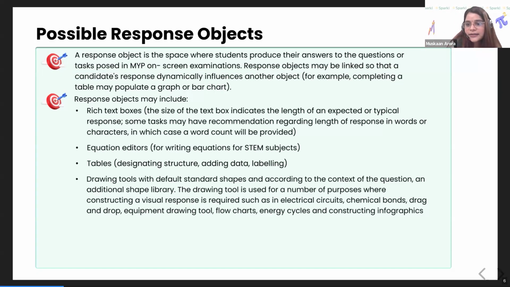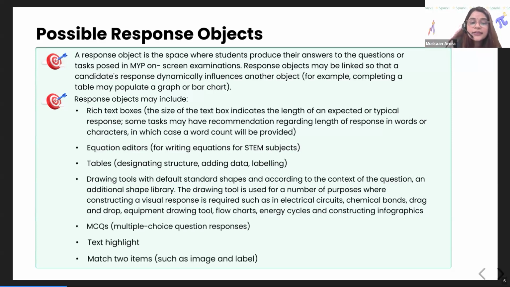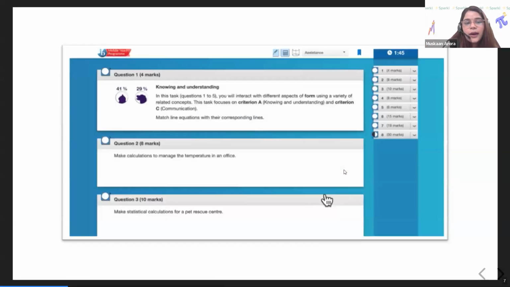Then drawing tools with default standard shapes and, according to the context of the question, an additional shape library. You can see MCQs, text highlights, match the two items, right? So these are the different possible response objects. Now, okay, what can you see on your screen right now?